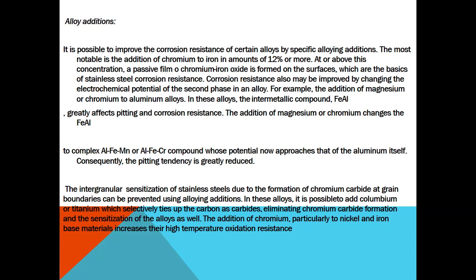In these alloys, it is possible to add columbium or titanium, which selectively tie up the carbon as carbide, not forming chromium carbide but niobium or columbium carbide or titanium carbide instead. This eliminates chromium carbide formation and sensitization of the alloys.